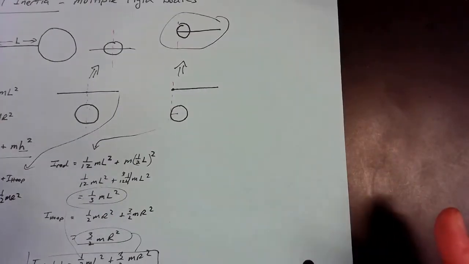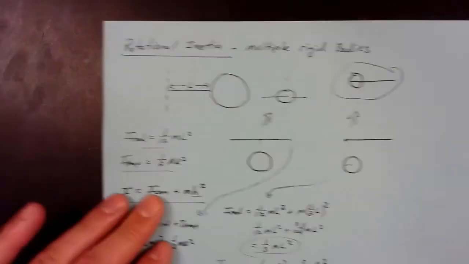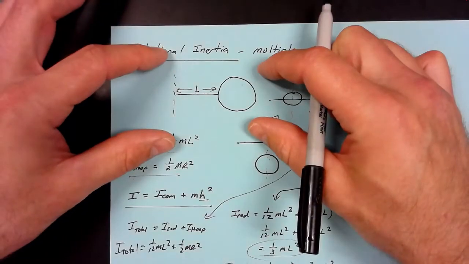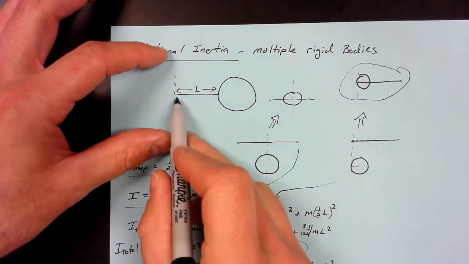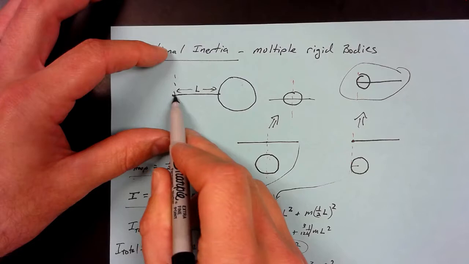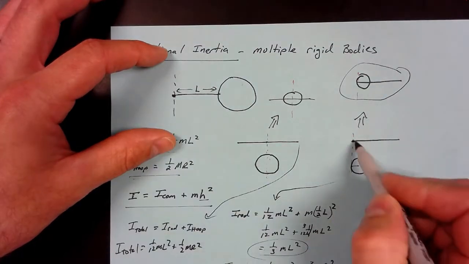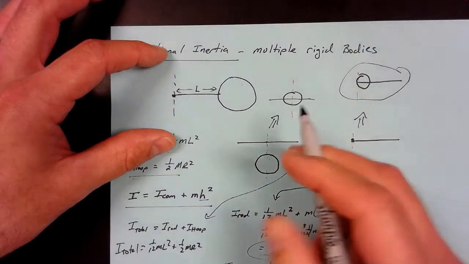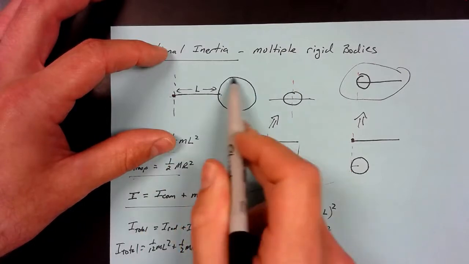Well, what we have going on in this situation right here is we have our long rod moved and rotating about its edge, just like we had here, but then we take the hoop and we attach it to this end of the rod.